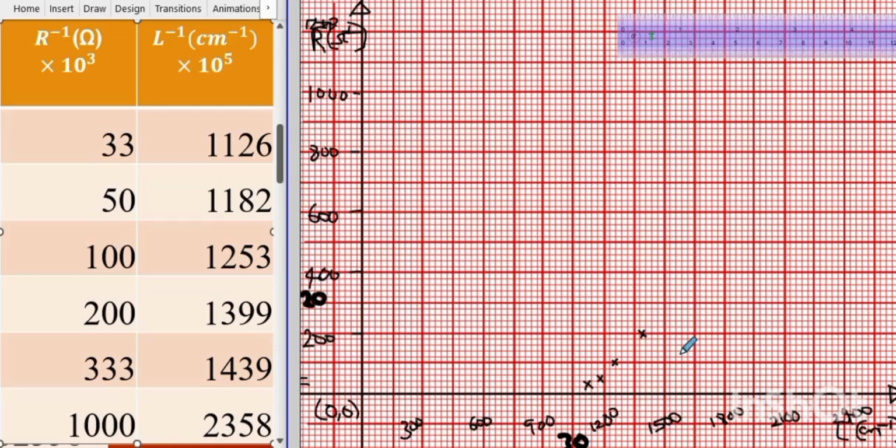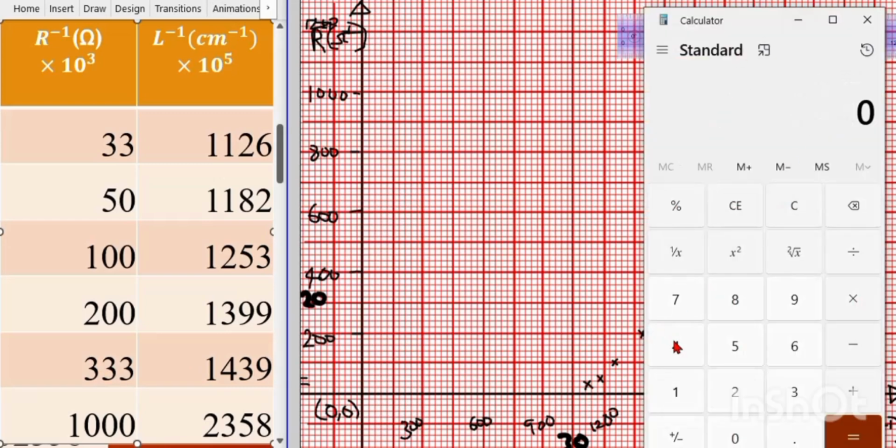Then we have 333 on this axis. 333 will be close to 400. Let's quickly get to 400 and say 400 minus 20 equals 380, minus 20 equals 360, minus 20 equals 340.